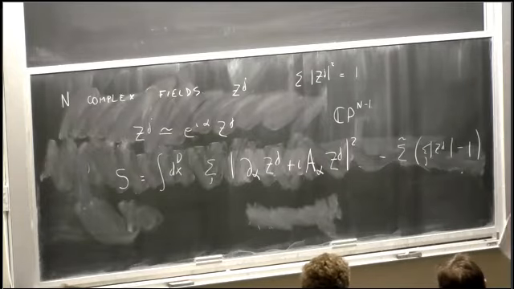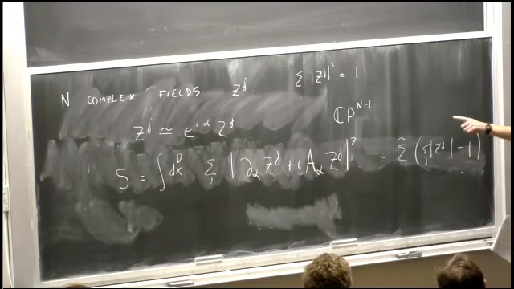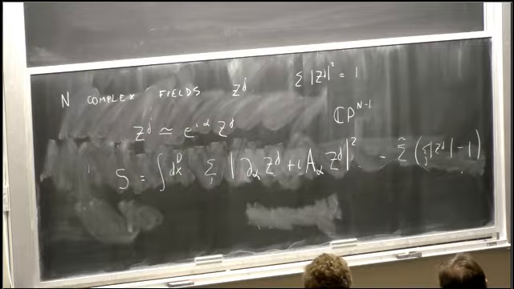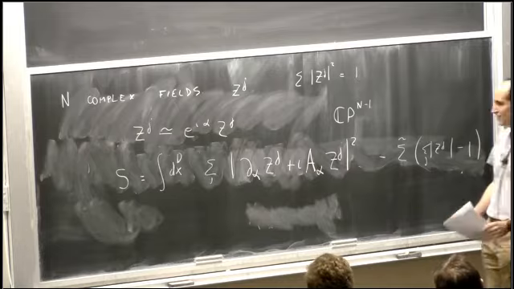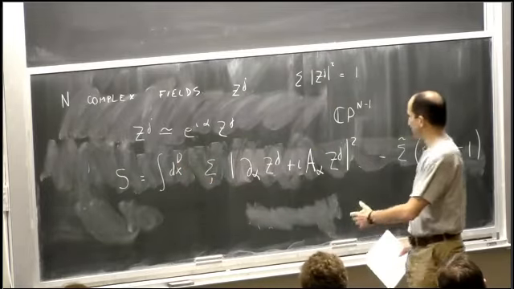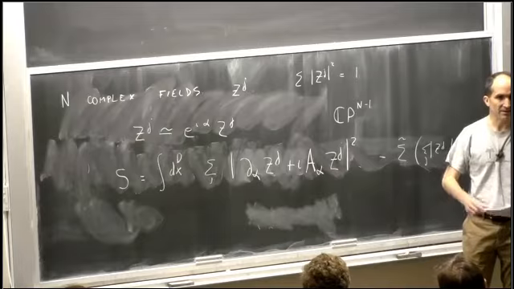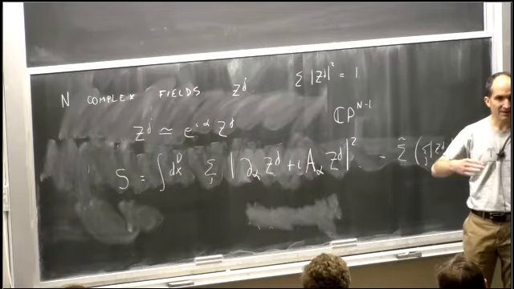To analyze this action, first we set A to 0. And so the action we get for sigma tilde is the same as the one we get for the sphere. It has the same features. We have again the dynamical mass generation and so on. And now we check whether it was reasonable to set A to 0. So we'll consider small fluctuations for A and try to see what happens.